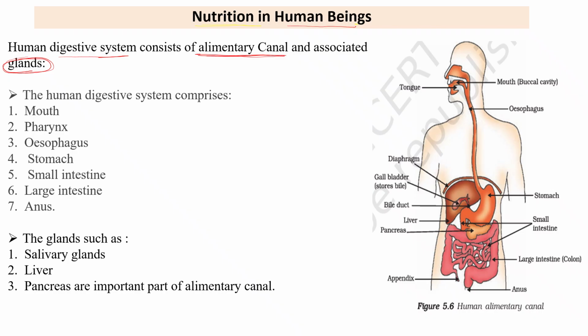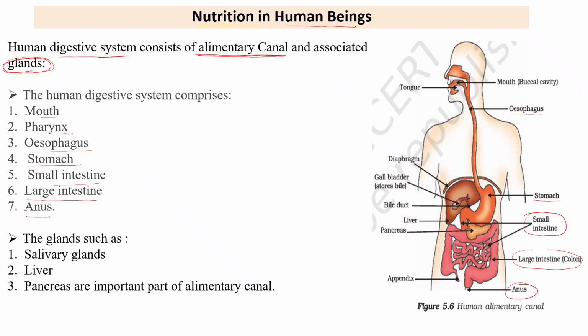The alimentary canal consists of mouth, pharynx, esophagus, stomach, small intestine, large intestine, and anus. You can see here this is the mouth, then the pharynx region, the esophagus, then the stomach, then the small intestine, then the large intestine, and then the anus.